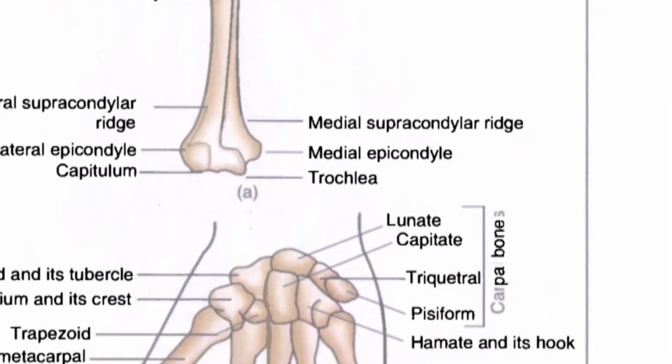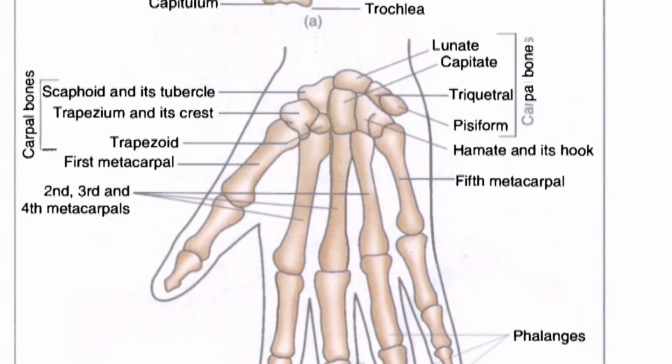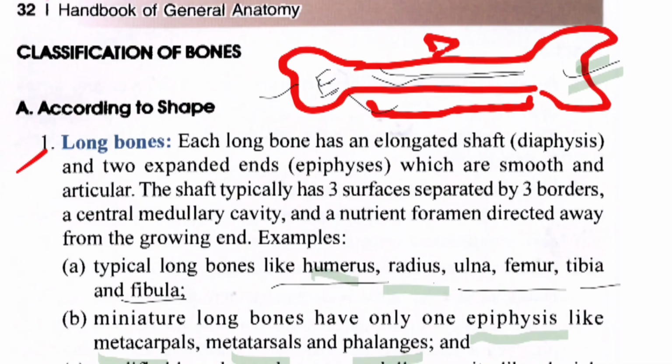In the diagram of the hand, can you see these carpal bones? Here is the trapezoid, and there are scaphoid, cuneiform, cuboid, all the bones in your carpal. This type of bone is called a short bone. The same is true of the tarsals in the legs.